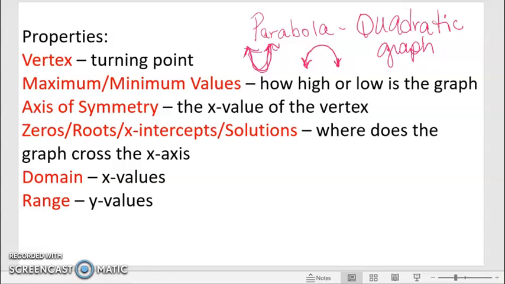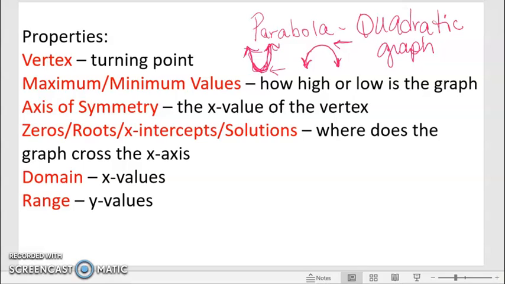Okay? So let's go over each of these points. The vertex. The vertex is where this graph turns. So there'll be a point where it stops going in one direction, turns and goes in the other. That would be the vertex. The maximum or minimum value is determined by whether the vertex is a low point or a high point on the graph.